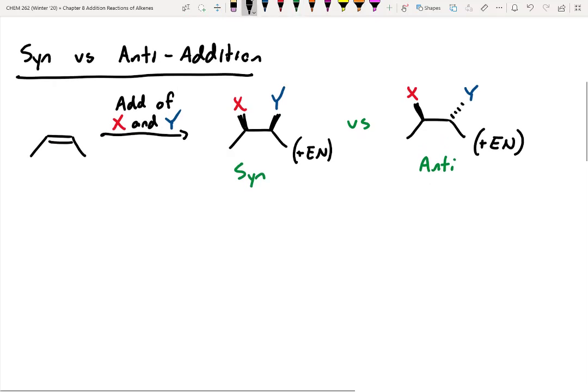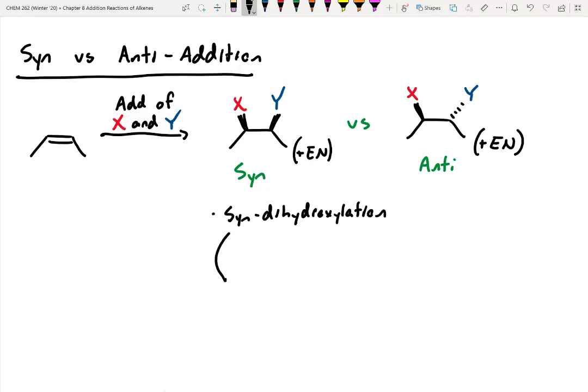All right, so if we think about adding alcohols, how do we add two alcohols, both of which are syn? Does anybody remember how to do that? So what reagents do we need for syn addition of alcohols?